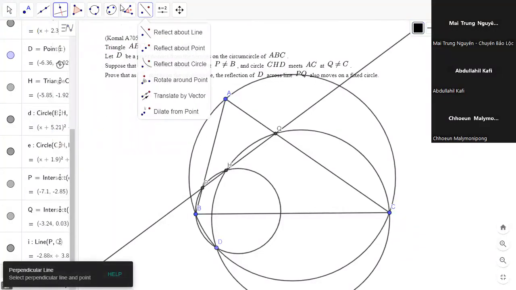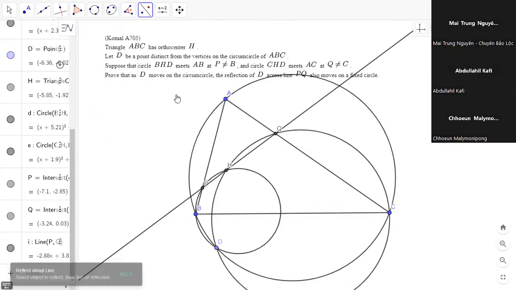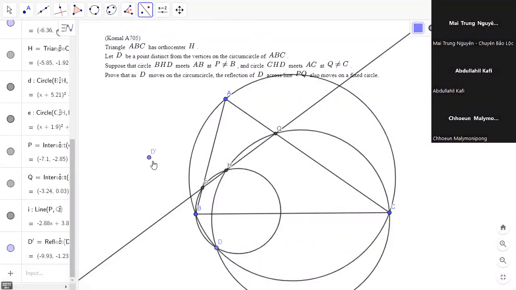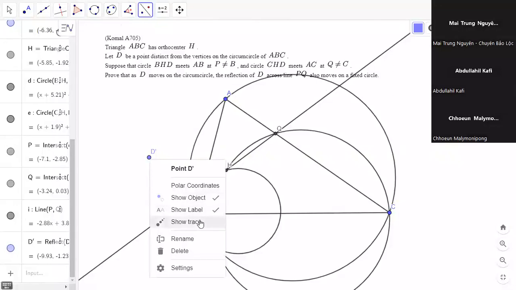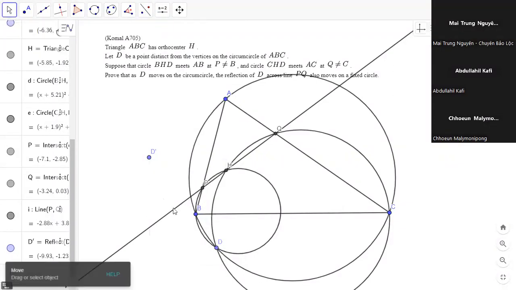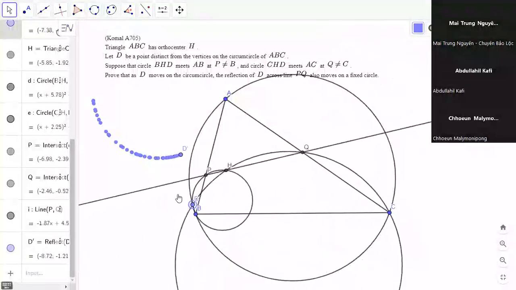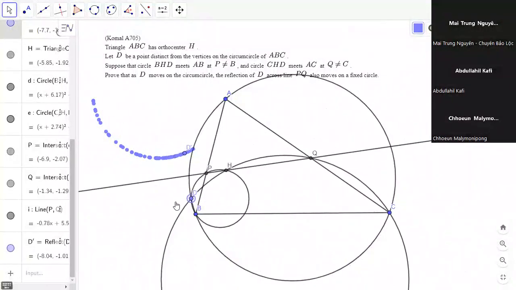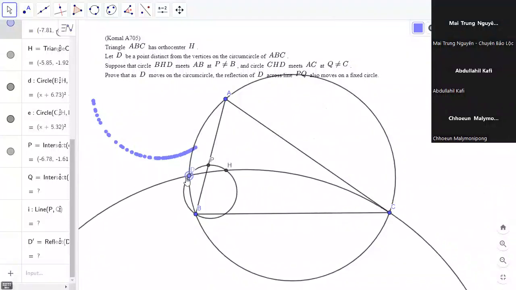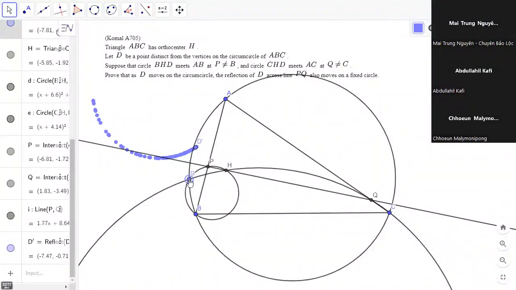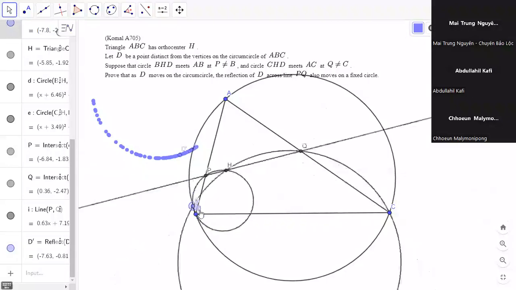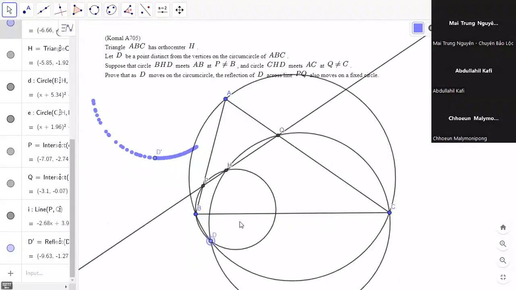And so we're saying as we move D around, that is a circle. And why does it disappear? Oh, because I made P and Q have to be on the circle itself. That's why. But basically, they're saying that it traces out a circle.